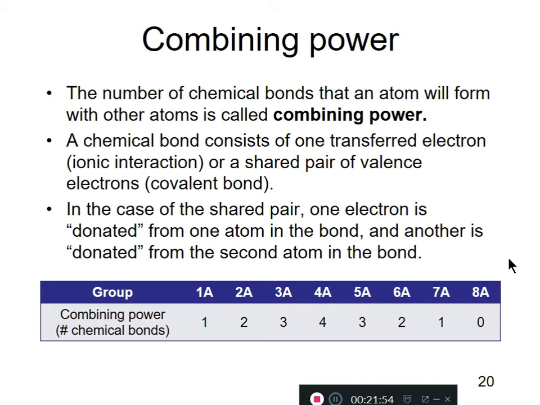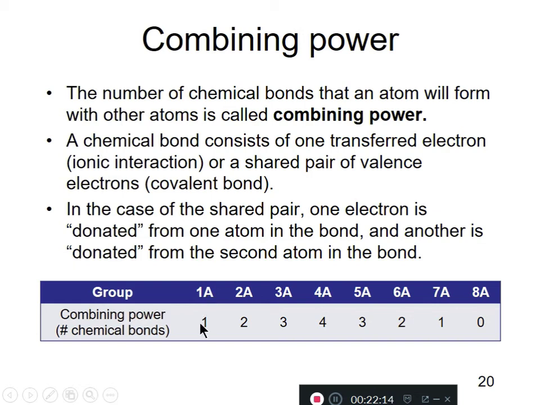Can it form one transfer of an electron in an ionic bond, or one shared pair of valence electrons in a covalent bond? In the case of the shared pair, one electron is donated from one atom in the bond and another is donated from the second atom, remember? So this tells me how many chemical bonds it's going to get.